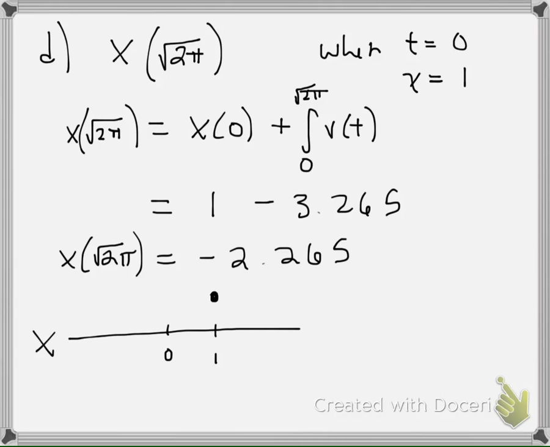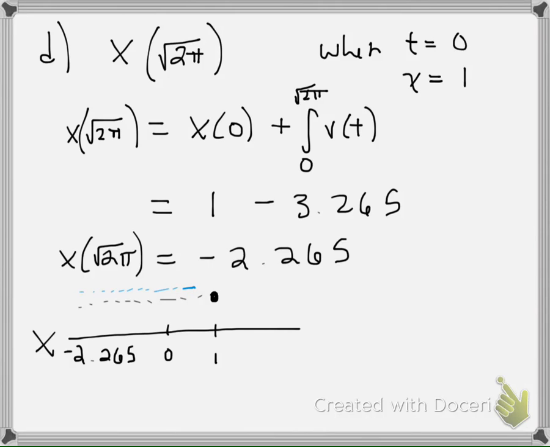And I'm going to move all the way over to when time is square root of 2 pi, all the way over to negative 2.265. Then, at the end, I know the total distance traveled has been 4.334 that we figured out already. So to get back to the origin, I've got to travel 2.265 more to the right.